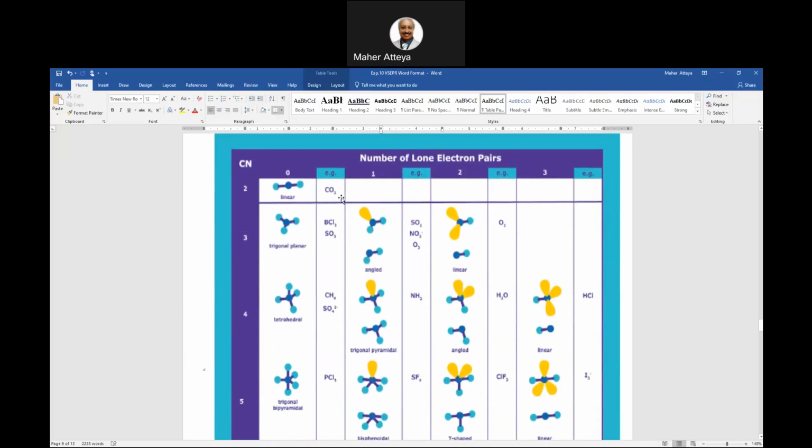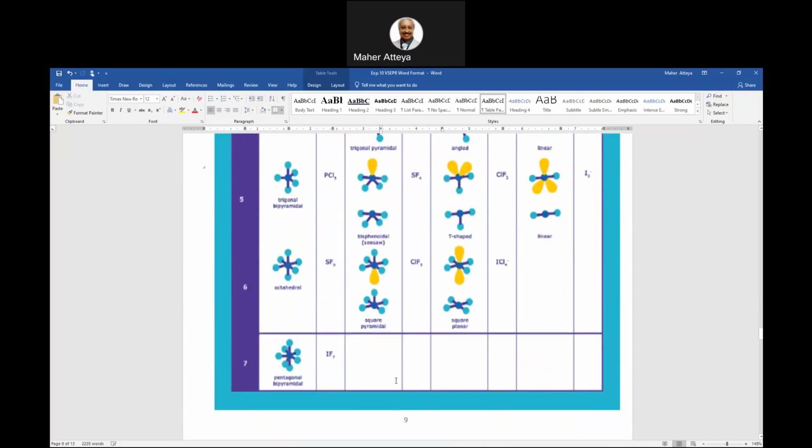CO2 is linear, then trigonal planar, examples of them are here. When you start introducing the lone pair, the compound becomes polar, and the molecule changes from trigonal planar to bent. So this is just an example of this one here.